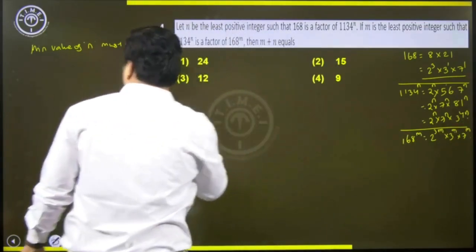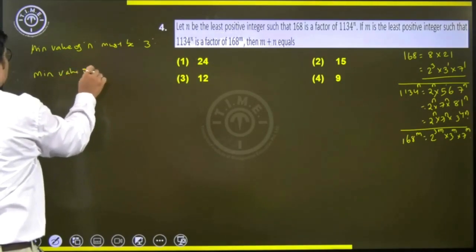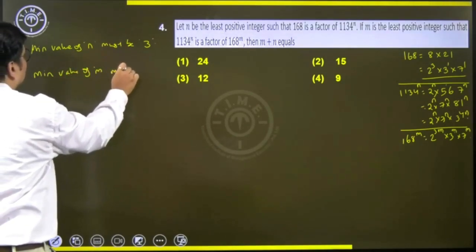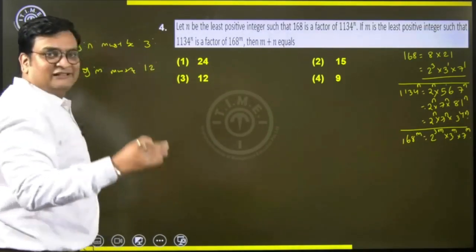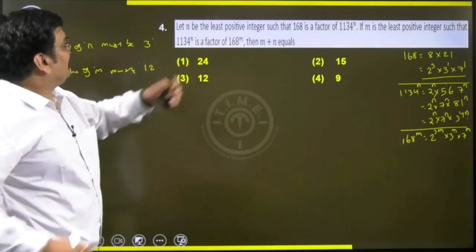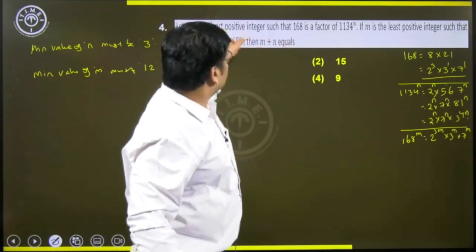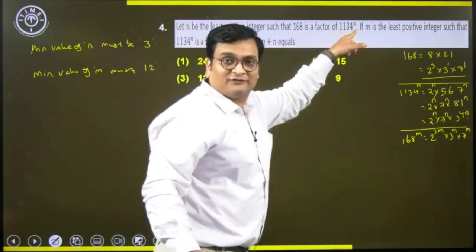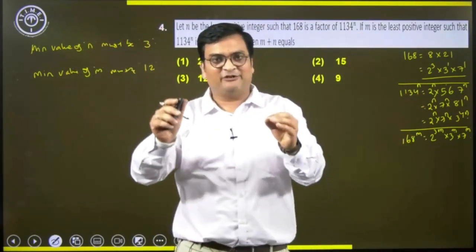So thus can I say the minimum value of m based on the discussion that we had must be how much? It is 12. It cannot be less than that, because he says let n be the least positive integer such that 168 is a factor of 1134 to the power n. So we say that n should be 3. That's the first conclusion. Minimum value, n should be the least value.